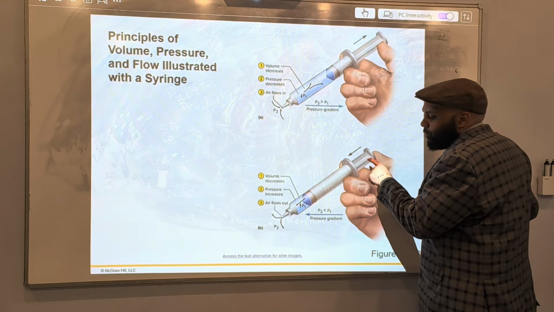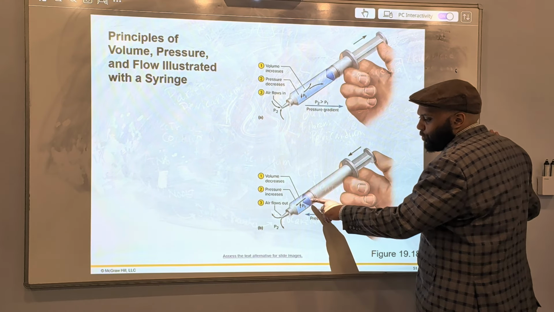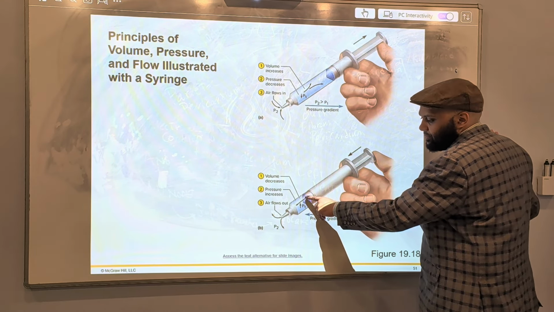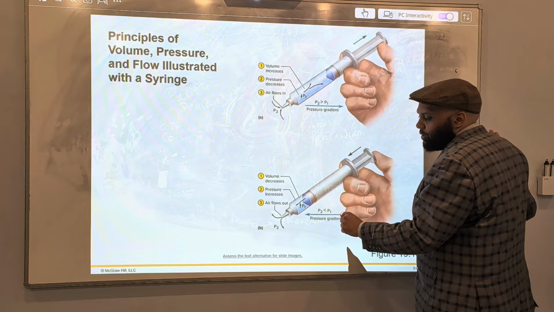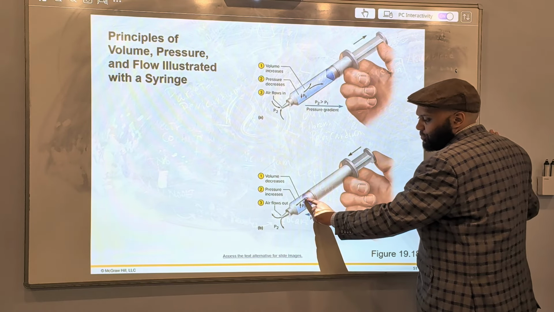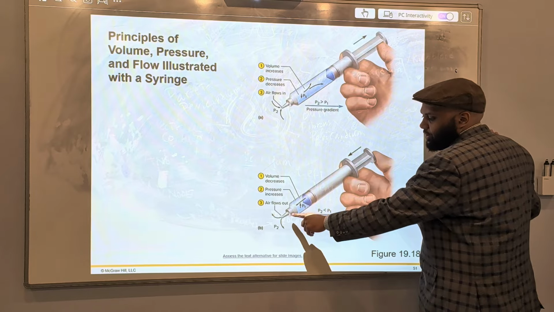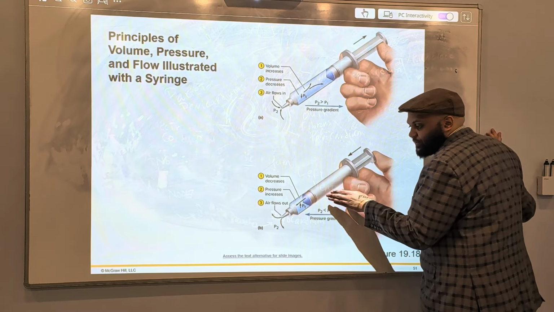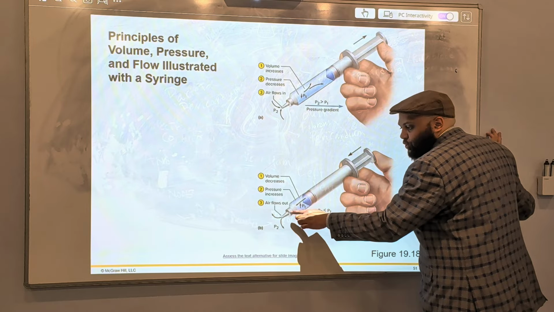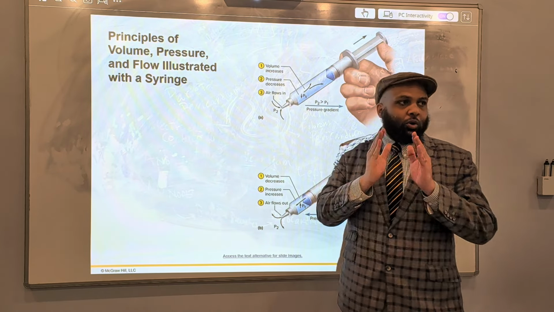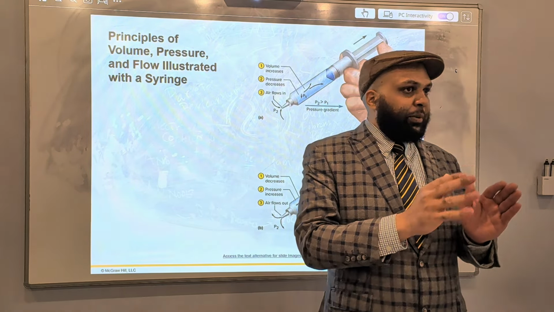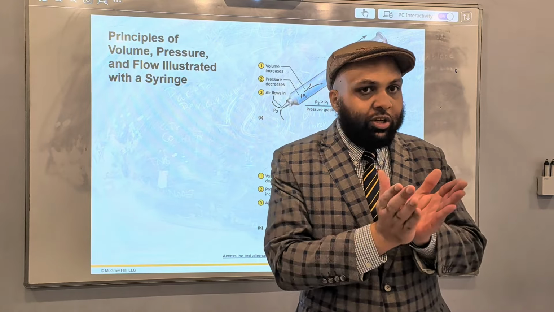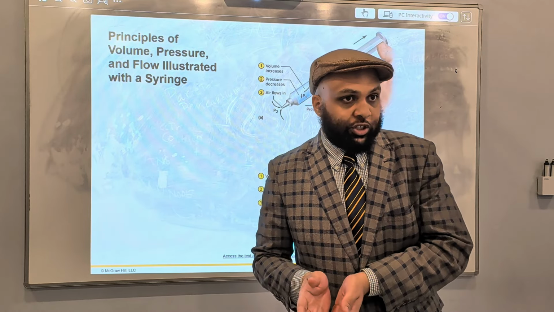Is the pressure more at the end of the syringe, or more at the tip? Movement always takes place from an area of high pressure to an area of low pressure.